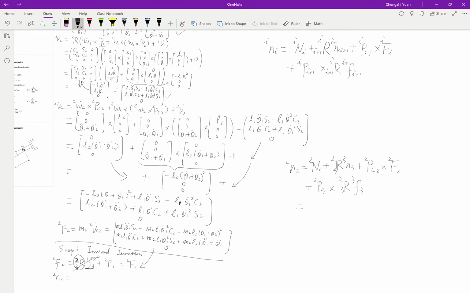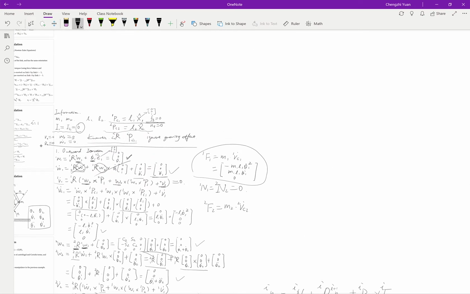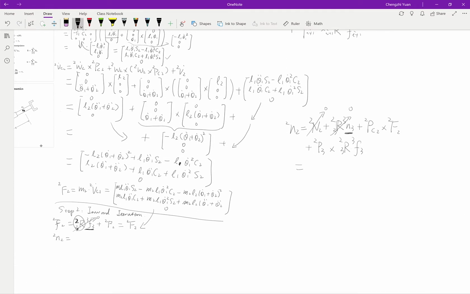This is simple because you can see the first term equals 0, and the second term equals 0 because the moment of the tip point N_3^3 is coming from here, equal to 0. F_3^3 is also equal to 0, so the last term equals 0. It only leaves P_{C2}^2 cross product F_2^2, and F_2^2 is given here.